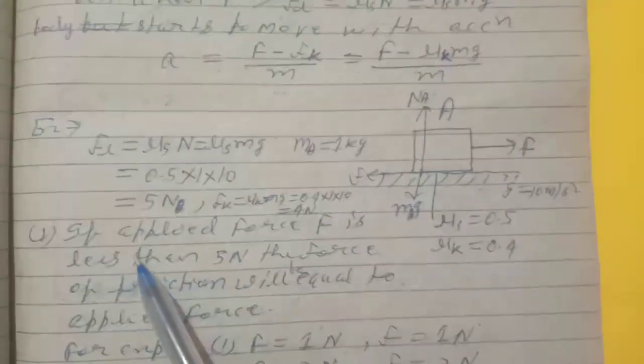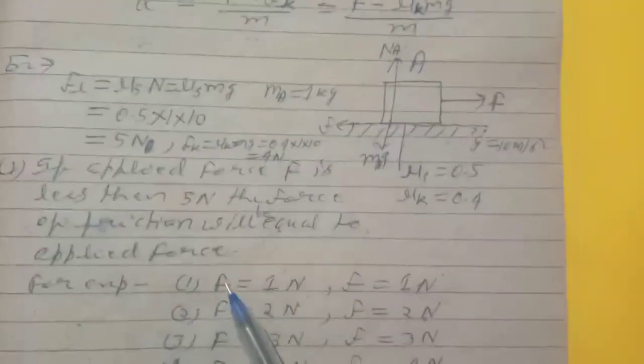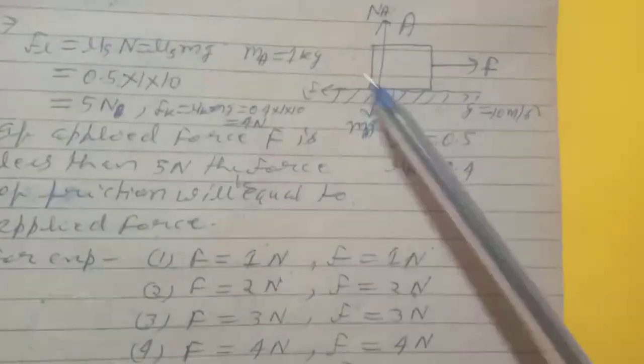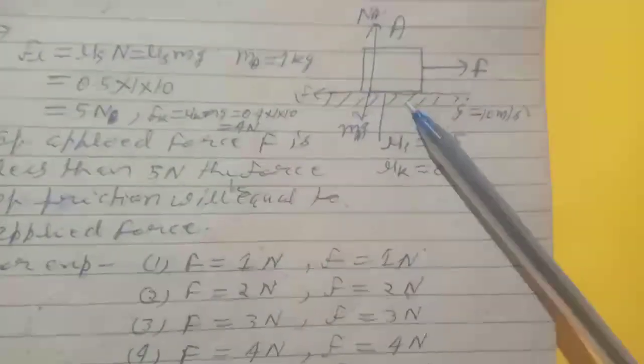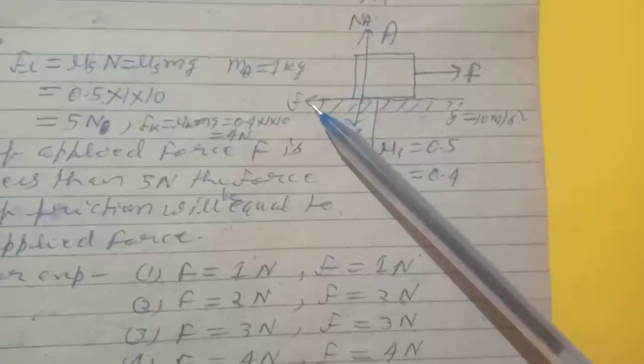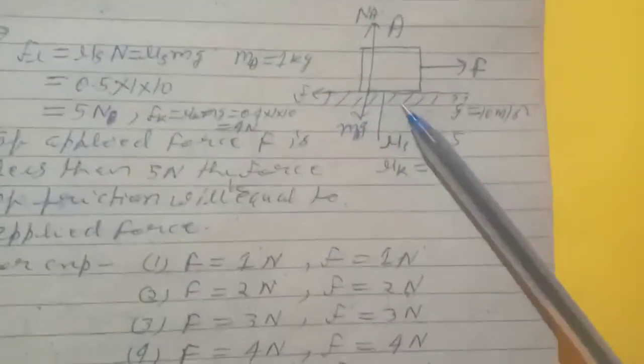Now, if the applied force F is less than 5 Newton, the force of friction will be equal to the applied force. For example, if F equals 1 Newton, the force of friction will be 1 Newton and the body will not move. This is why the force of friction is called an adjusting force.